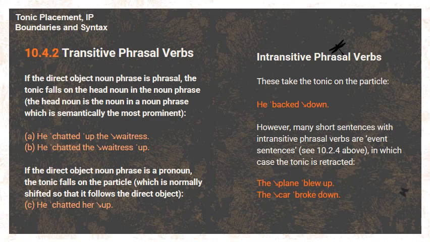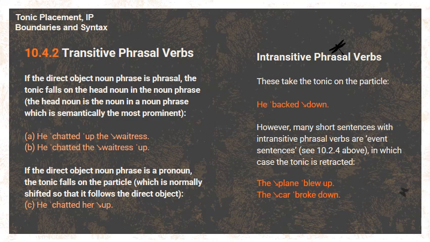He cheated the waiters up. If the direct object noun phrase is a pronoun, the tonic falls on the particle, which is normally shifted so that it follows the direct object. He cheated her up.